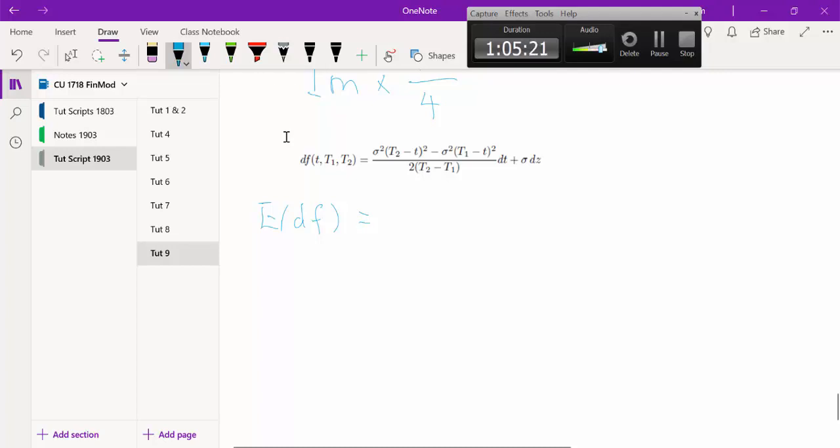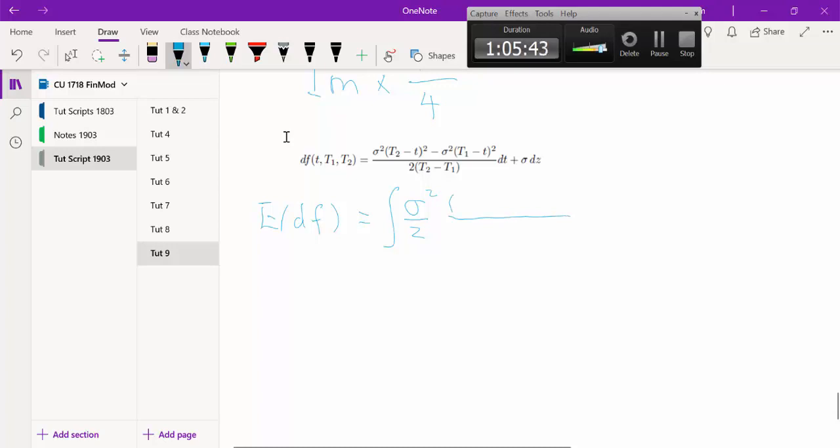And I'm left with, so I want to integrate sigma square. I'm going to try and take out some of the terms in the process.